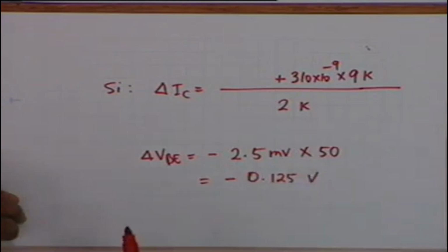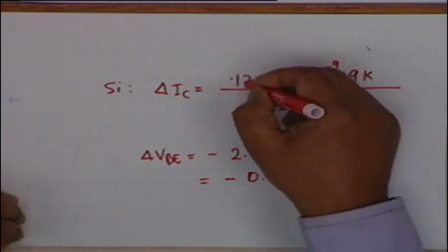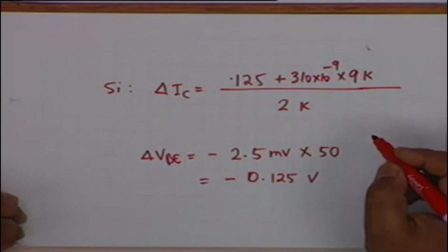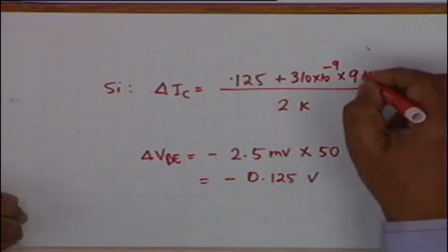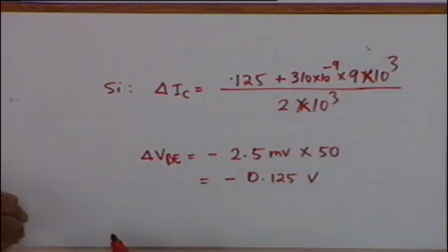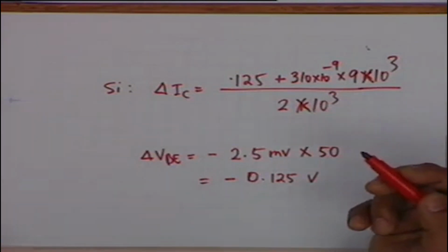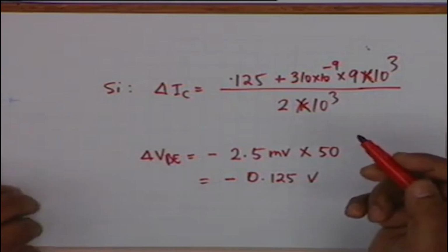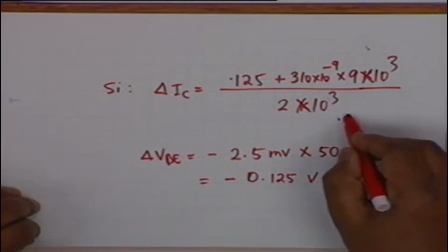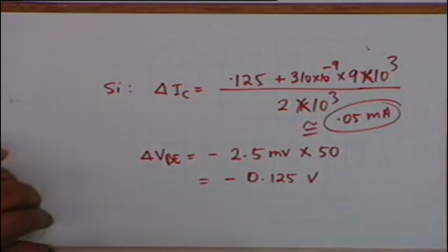Is that correct? 125 millivolt, which is 0.125. So this would be 0.125. I must multiply by 10 to the 3. And this figure calculates out to 0.05 milliampere approximately. Do you understand this calculation?